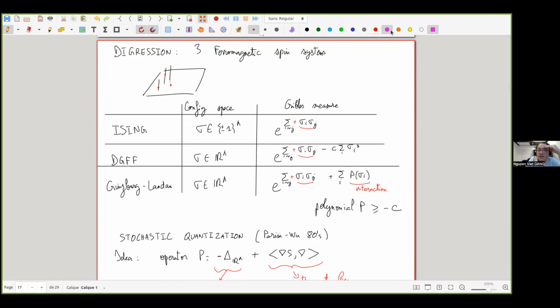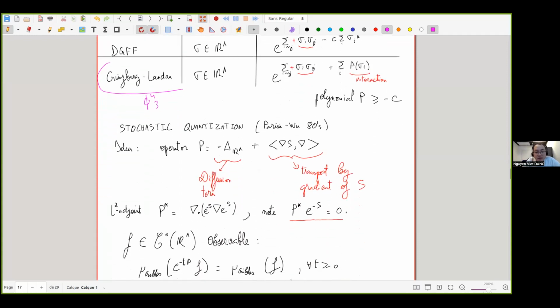And the one we are interested in, Phi^4_3, sits in this class of ferromagnetic spin systems, where you have a polynomial bounded from below, which gives you a potential. These spin systems are interesting because they have the tendency to get the spins aligned in the same direction: Ising, Ginzburg-Landau, discrete Gaussian free field. And this is why they are called ferromagnetic, from what I understand.